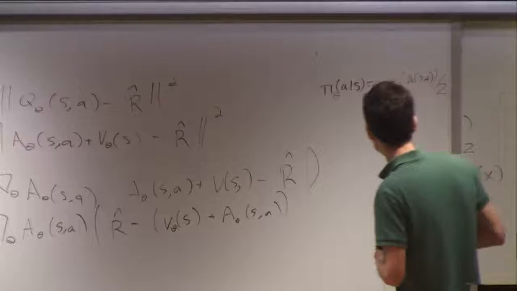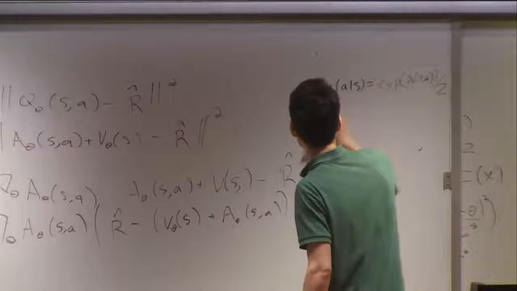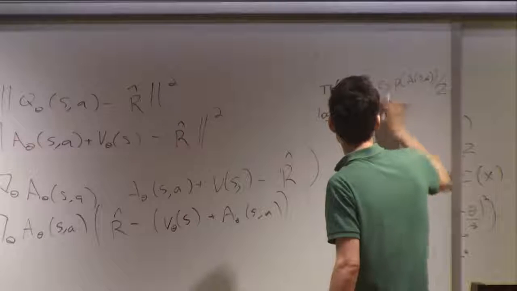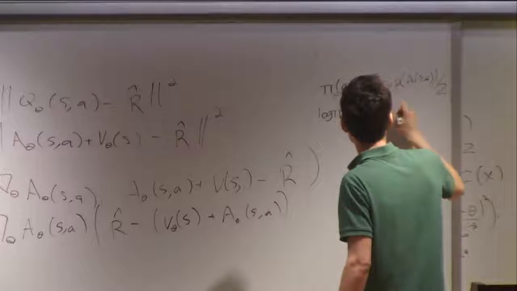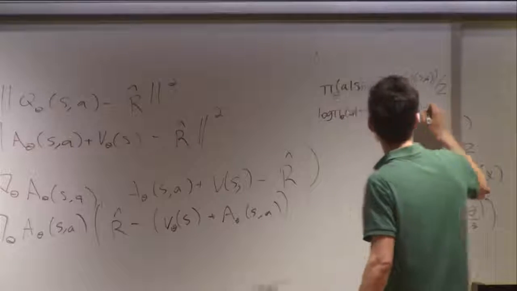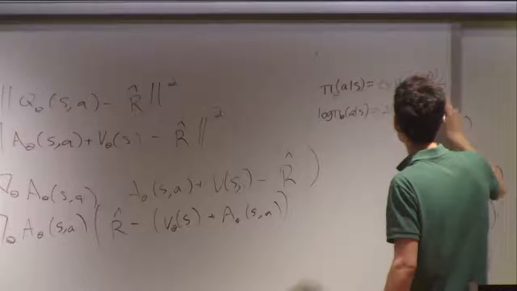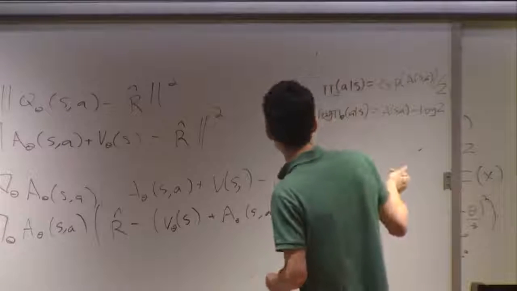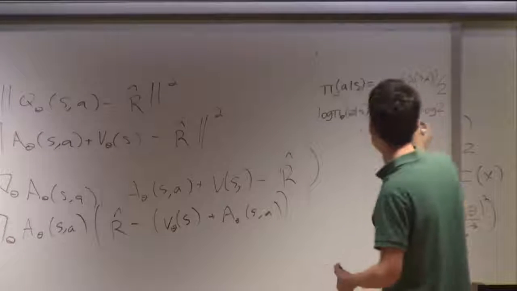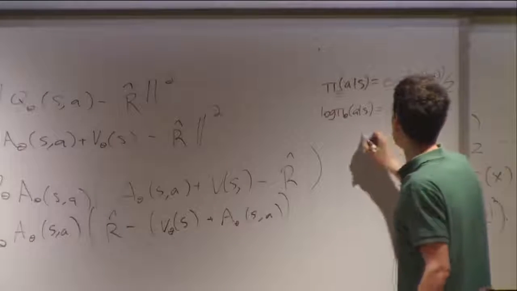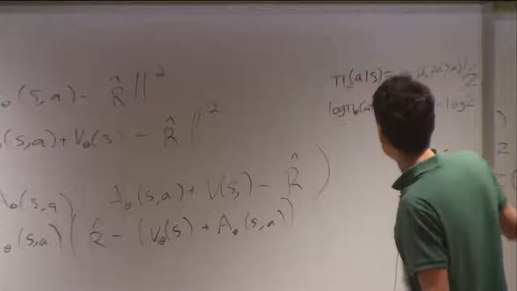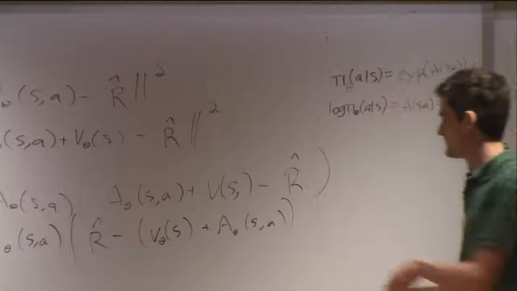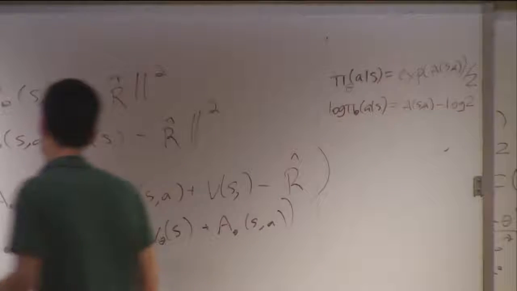Then we have log probability is advantage minus log Z. So that means the gradient of the advantage. You can do this calculation more precisely, but I'm just trying to show you the gist of it.